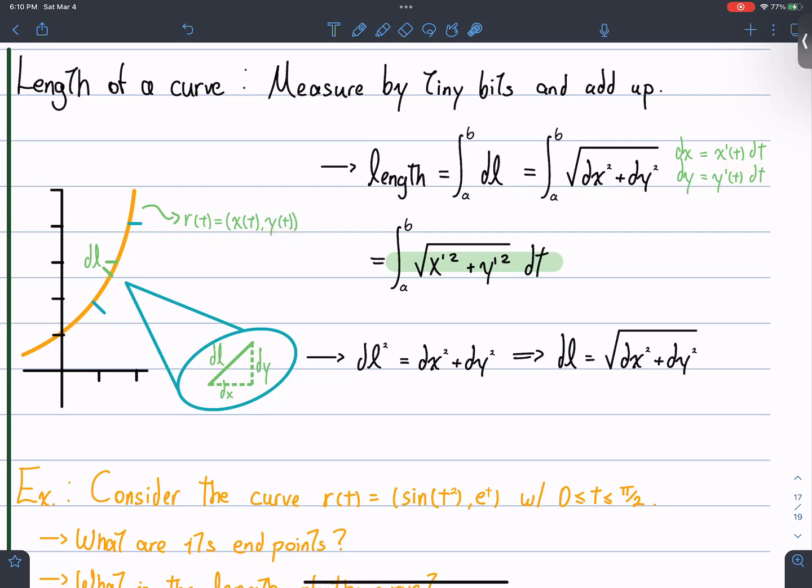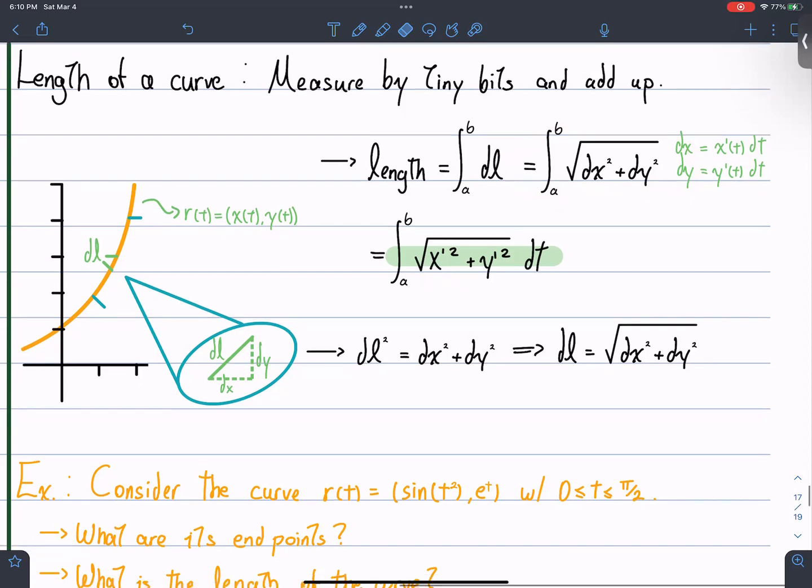So by replacing this in this equation, we have x prime and y prime squared, and those are terms that are functions in terms of t. So we can solve that in a t integral to obtain the length.